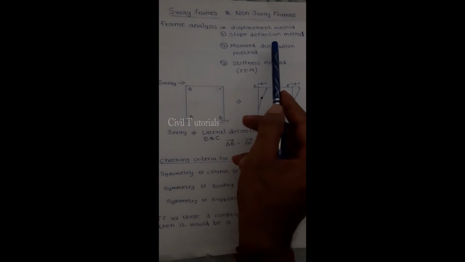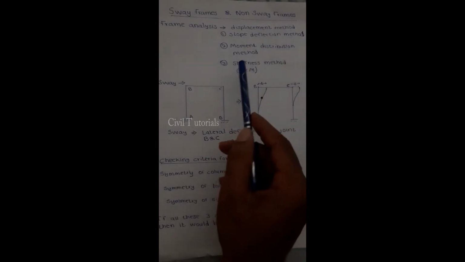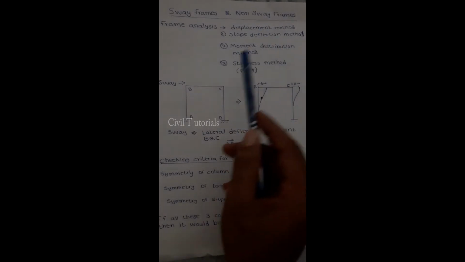Here are some displacement methods to analyze the frames, especially for indeterminate structures. As you know, for frame analysis, we use displacement methods such as the slope deflection method, moment distribution method, and stiffness method. The stiffness method is the finite element method.